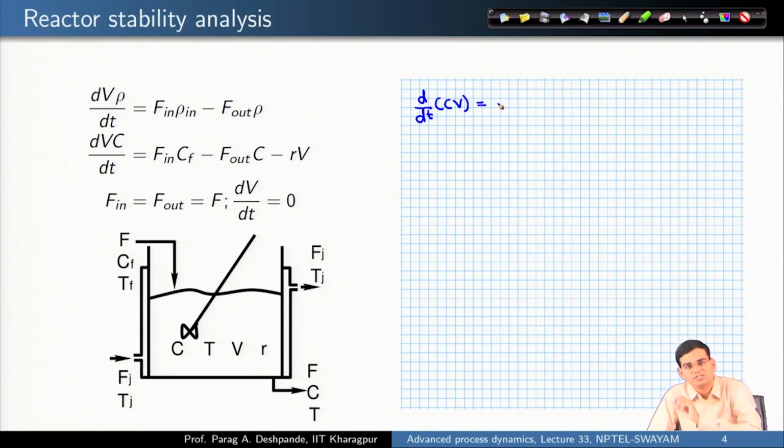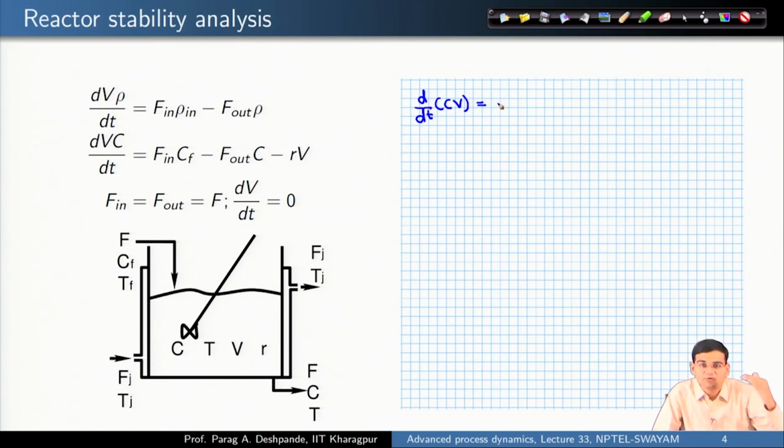So, I have three processes going on: change in the concentration because from the inlet stream A is coming in, change in the concentration because from the outlet stream A is going out, and within the reactor change is taking place anyway because of the reaction. So, let us see what will happen.